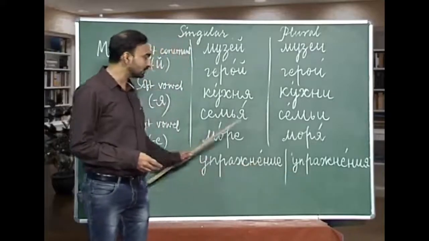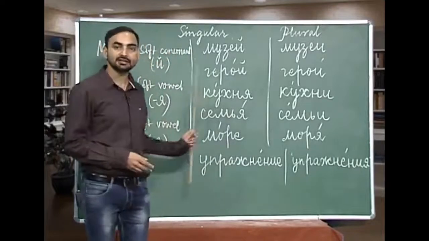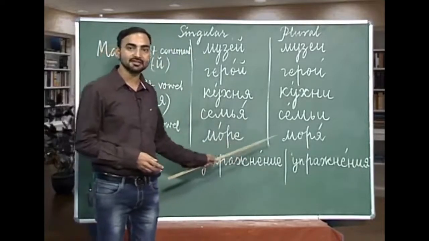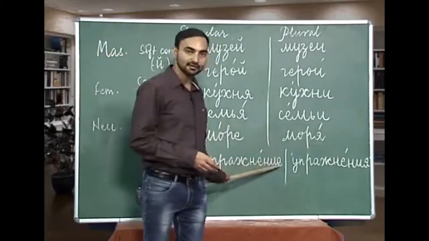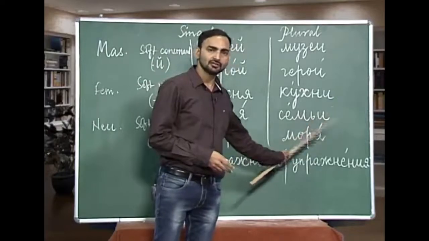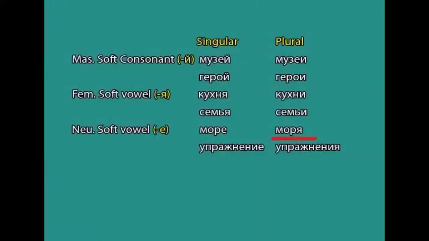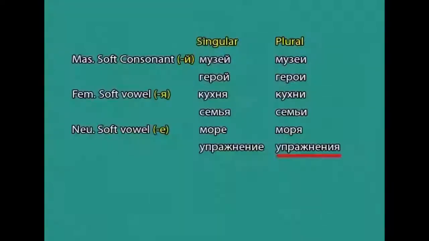So, more and uprazhneniye are soft ending neuter gender nouns. How do we form plurals of these? We replace ye, which is the soft vowel, with ya. Again, ya is a soft vowel. So, plural of more is morya, seas, and uprazhneniye, plural uprazhneniya, exercises.